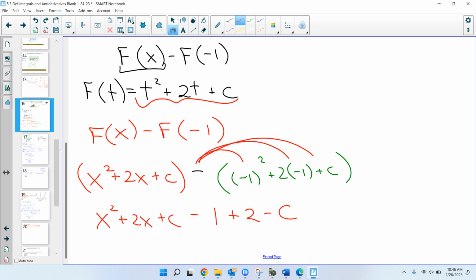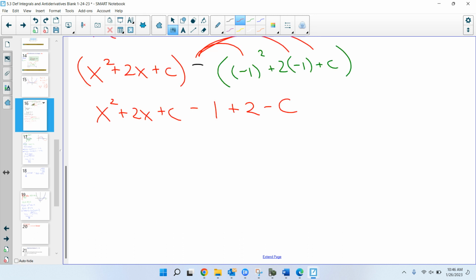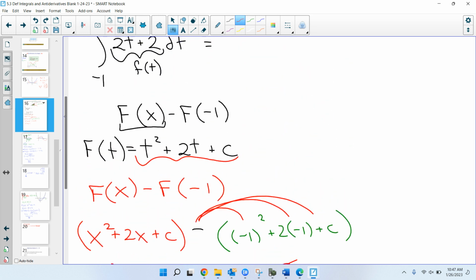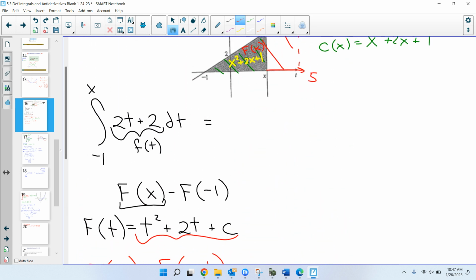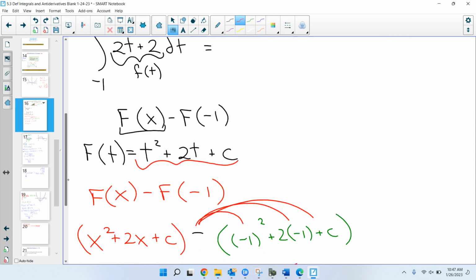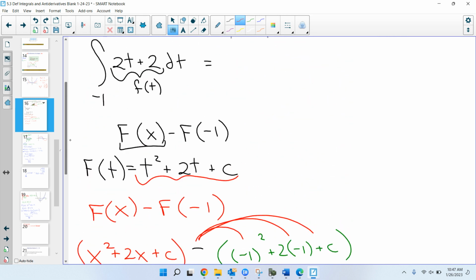Good? X squared plus 2x plus 1. Which is the area function, right? You with me? Using antiderivatives. If I stopped there, it's x squared plus 2x plus 1.